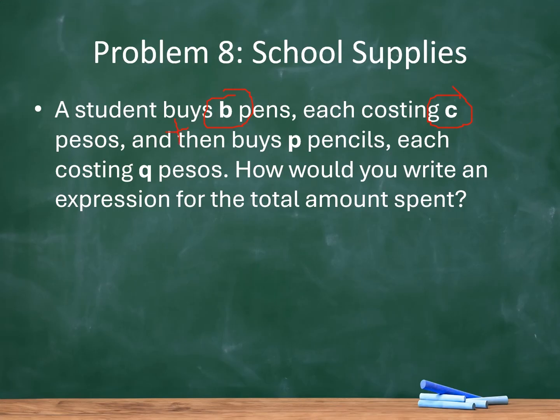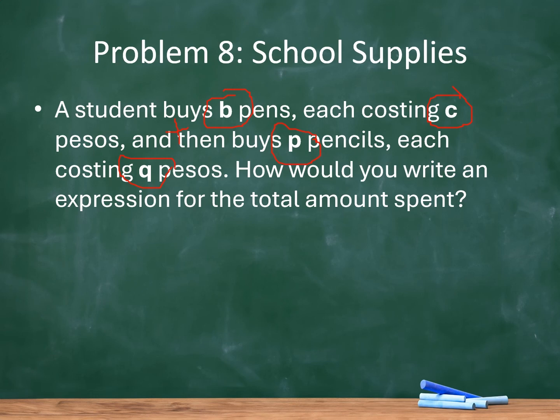We'll use plus. So the student bought P pencils. We do not know how many pencils, so we will use P to represent that. Each pencil costs Q pesos. So how would you write an expression for the total amount spent?